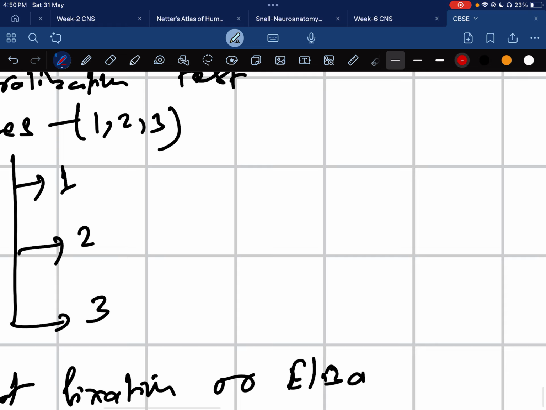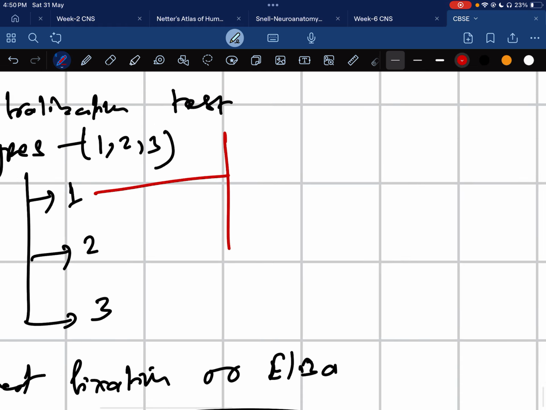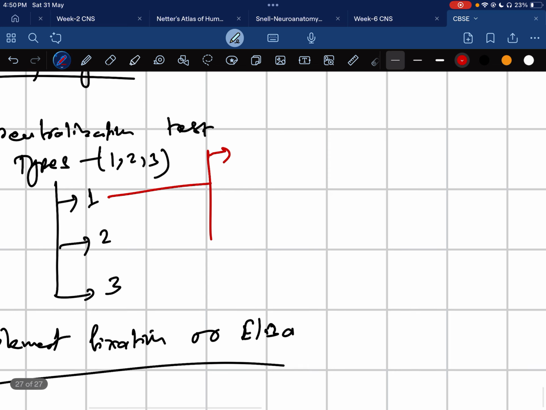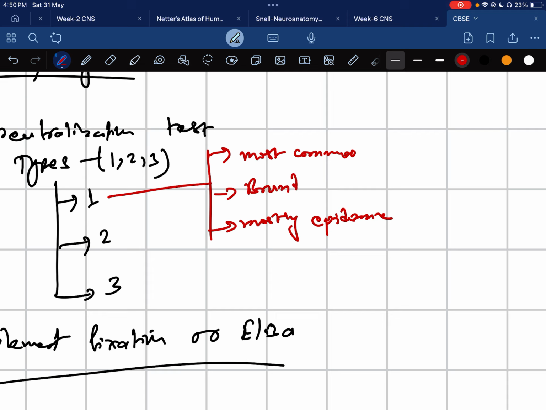Regarding type 1, it is the most common, mostly epidemic, represented by the Brunhilde strain and Mahoney.